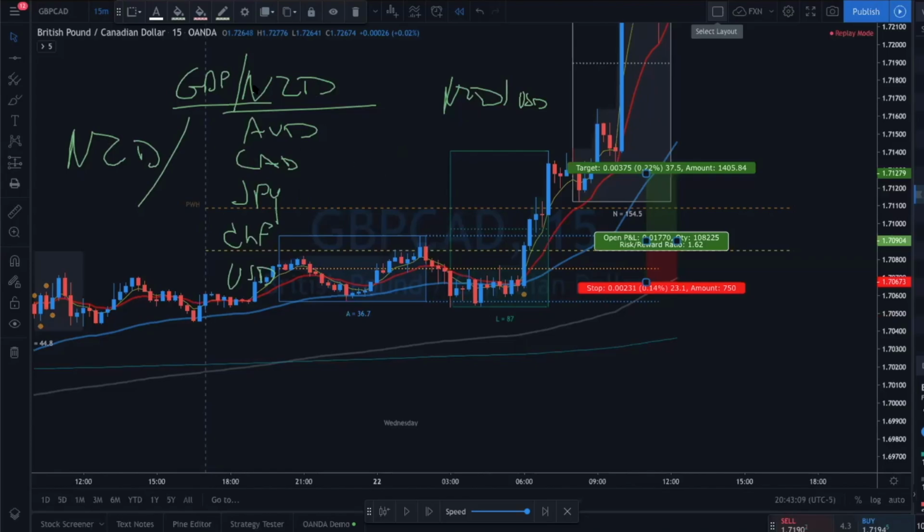If NZD is the second currency, the spread's much higher. Interesting.